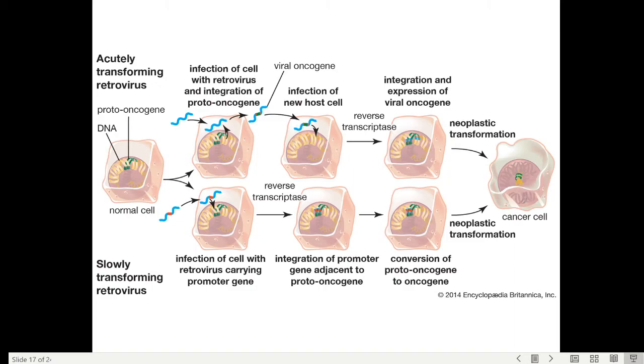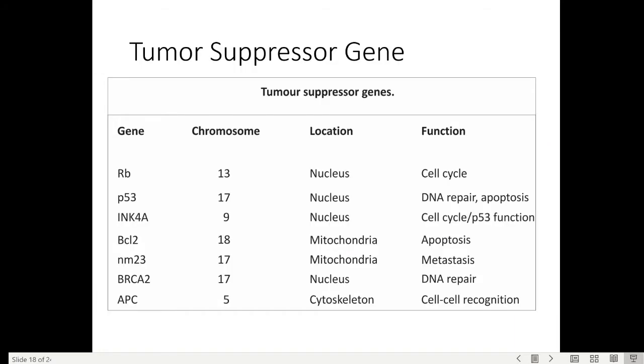In this slow process, reverse transcriptase is the major thing involved in cancer cell production, neoplastic formation.